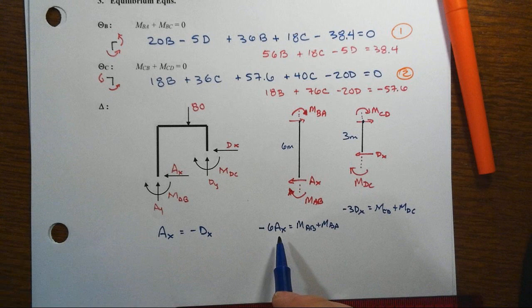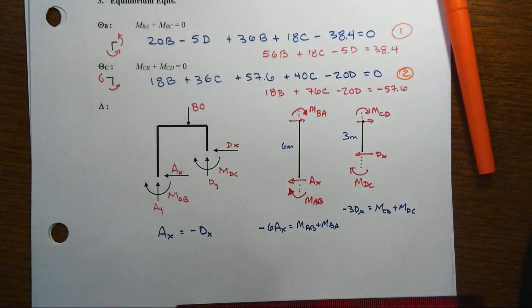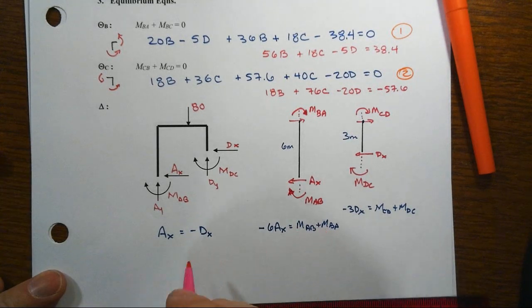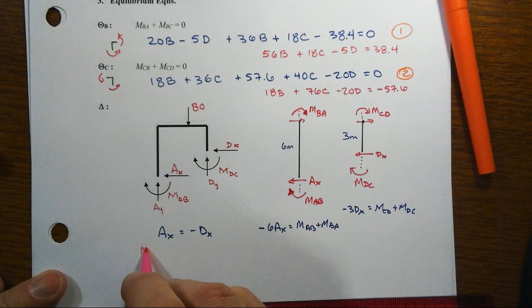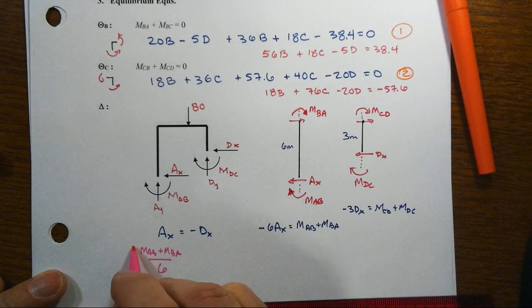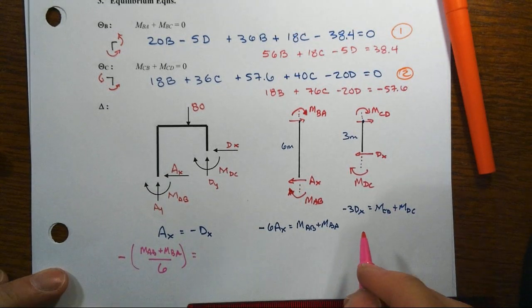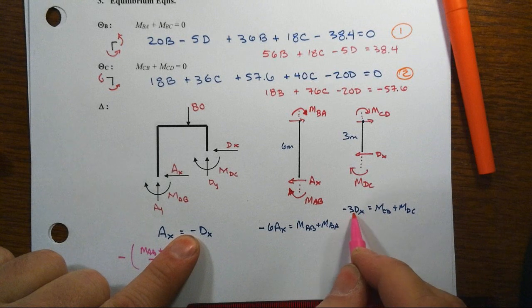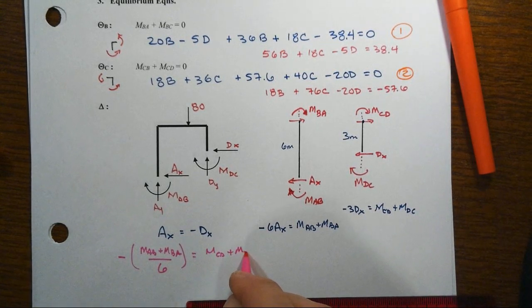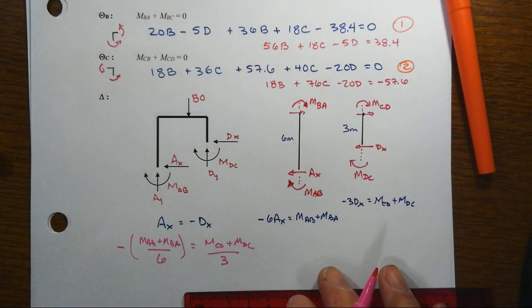On the left hand side, of course, that would be AX is equal to all of this divided by the minus 6, so MAB plus MBA all divided by the 6, but the opposite of that. And then we come over here, the minus DX, well, then we just divide by 3, so we get MCD plus MDC divided by 3 for that one.